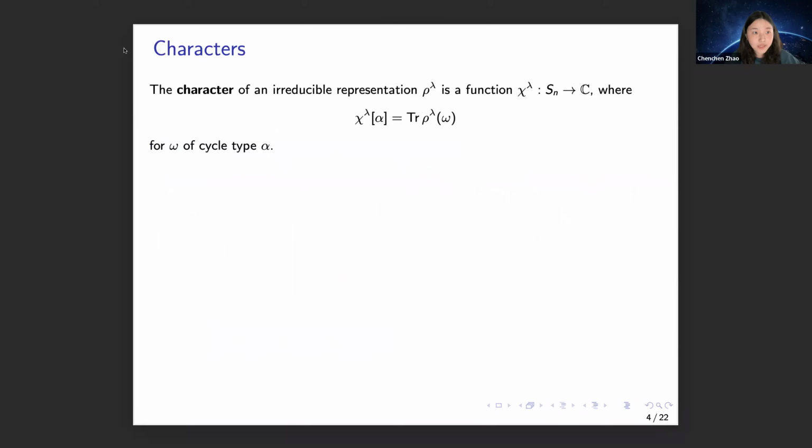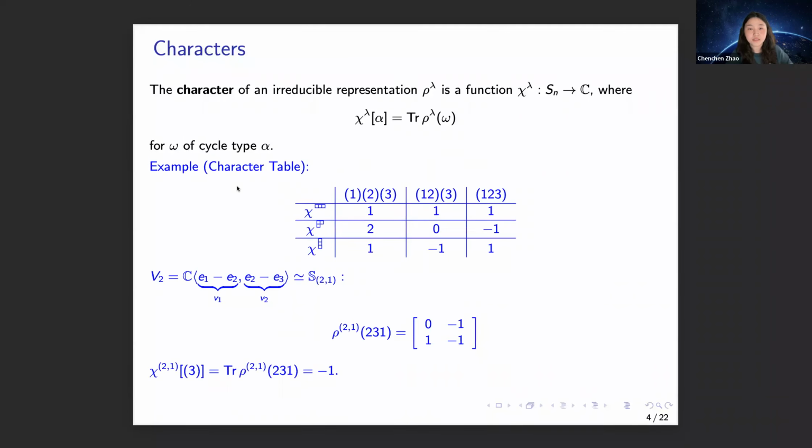And when we study the representations, we don't look at the matrices directly. We mostly study them through characters, and the character is like the trace function. And so these characters will be the same for the elements in the same conjugacy class.